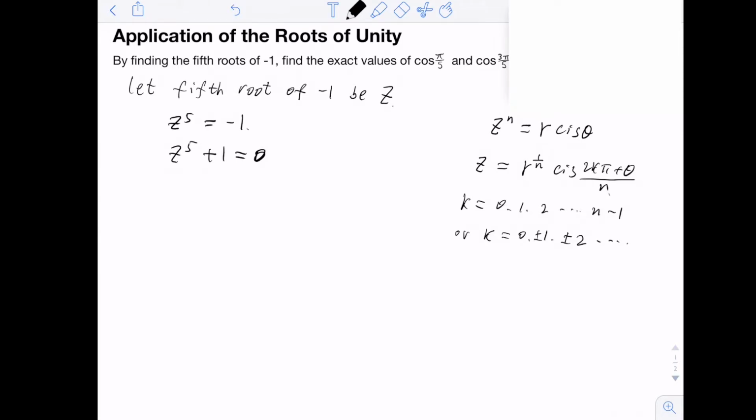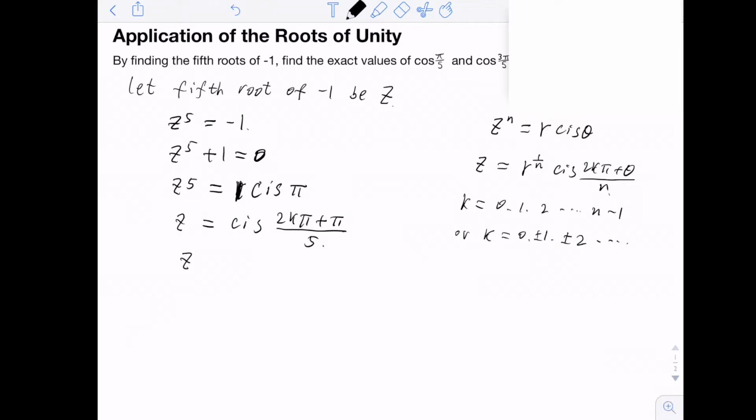I'm using this formula to solve this equation by first putting -1 into mod-arg form, where the modulus is 1 and the argument is pi. So z equals 1 to the power 1/5, still 1, times cis of (2k pi plus pi) over 5, where k is 0, plus minus 1, plus minus 2.